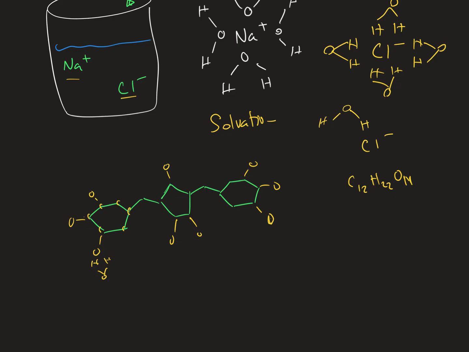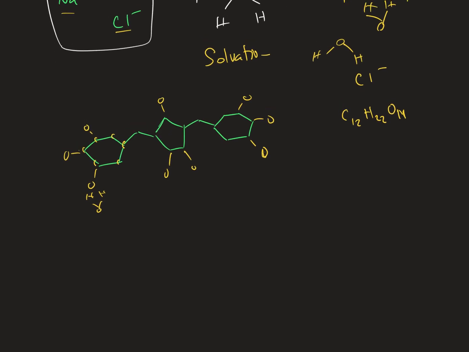Good question. Because there is a slight difference, right? If you take carbon and hydrogen, the electronegativity value for carbon is 2.5 and for hydrogen is 2.1. So 0.4. There is a slight difference, right? So why doesn't water surround this?